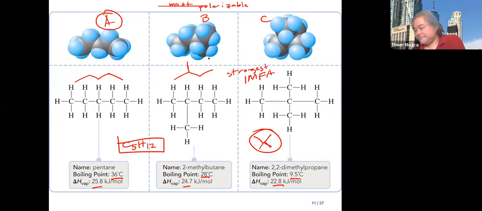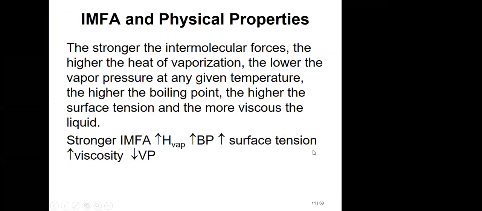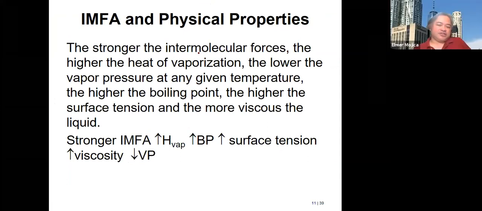Does that make sense? Yes. Now, with this as the basis, we can say the stronger the IMFA, the higher the heat of vaporization, the lower the vapor pressure, the higher the boiling point, the higher the surface tension, and the more viscous the liquid is, like this one.